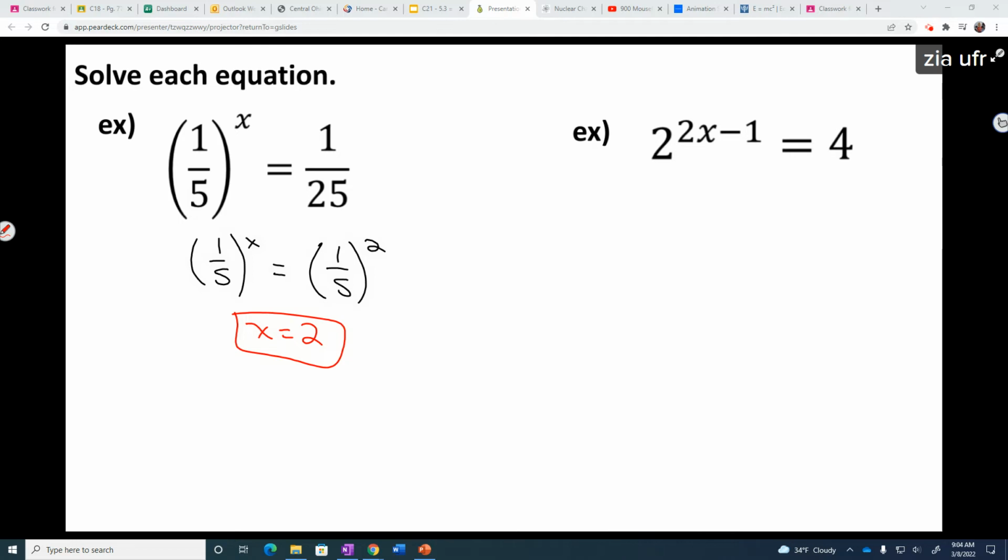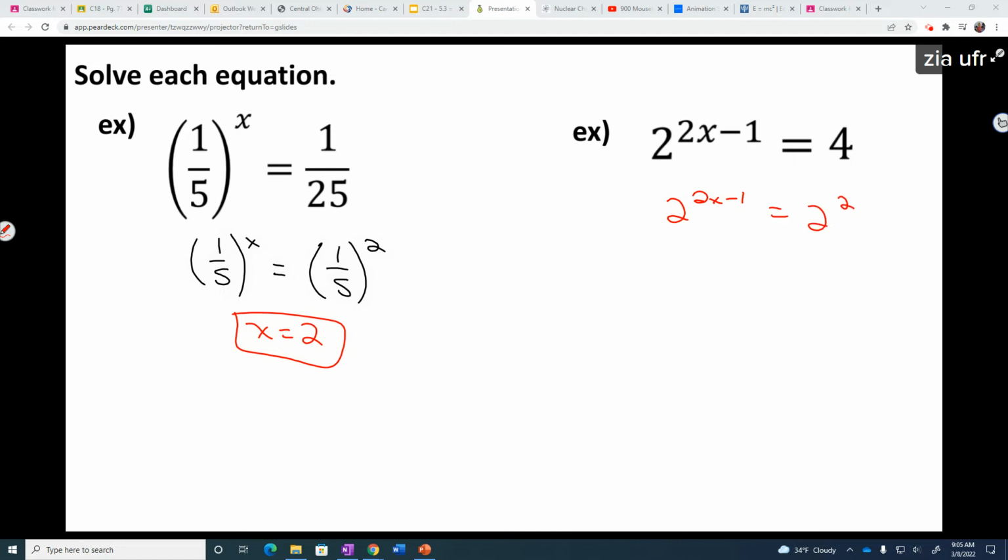All right, next one, go ahead and see if you can do that one on your own there. So hopefully you wrote 4 as 2 squared, right?